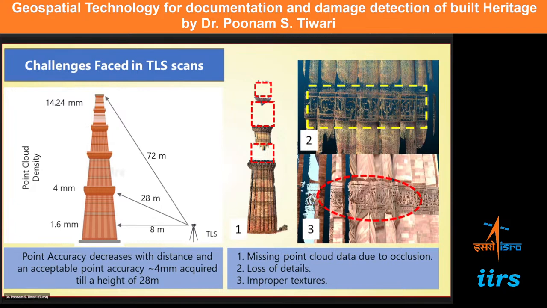That means between 2 points, the average distance is 14 millimeter at the top of the tower. Now 14 millimeter means approximately 1.5 centimeter. It is a big distance, and within that much distance, we would miss a lot of features.